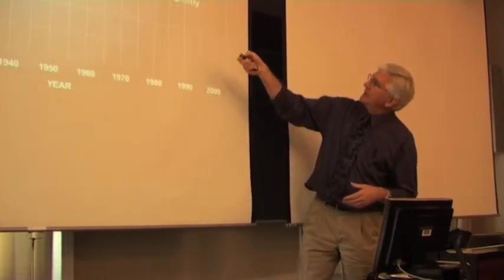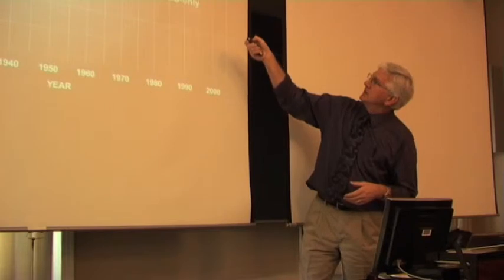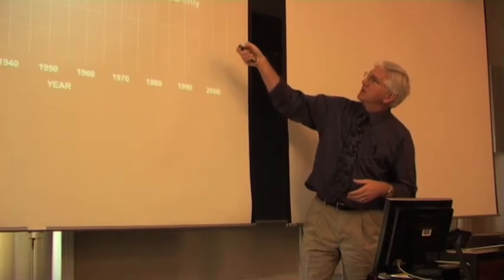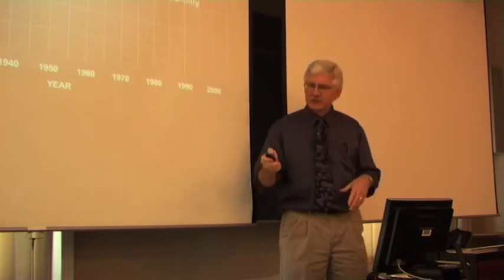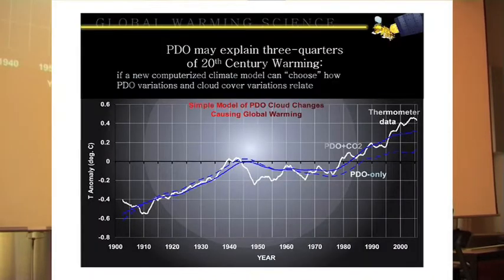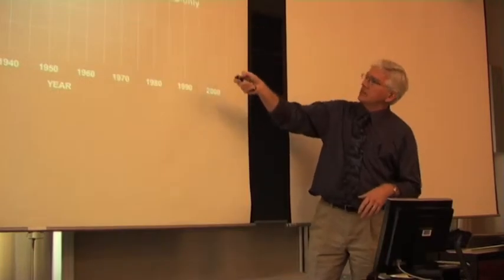I also added in James Hansen's forcings, increasing carbon dioxide and aerosols and everything else, volcanoes. And if I put that in with the PDO, it looks like that, okay?